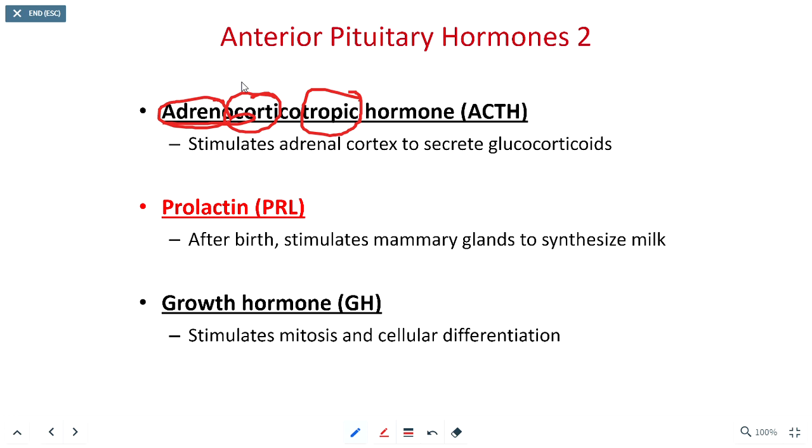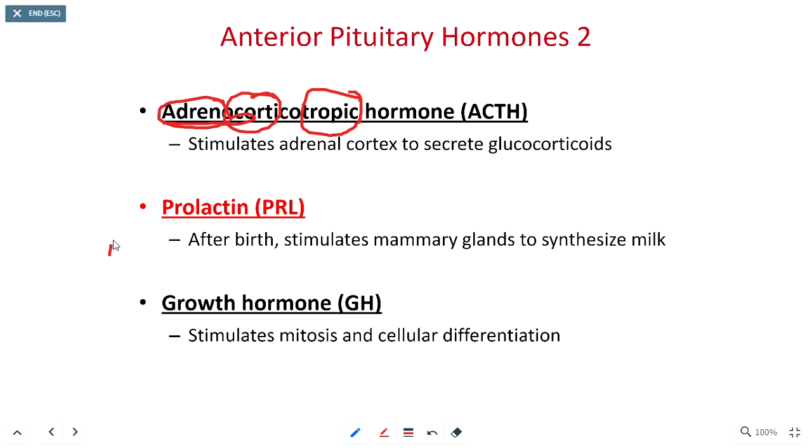Tropic hormones are going to cause other glands to release hormones. So the tropins are chemical messengers that cause their target tissues to release hormones. So ACTH is going to travel to the cortex of the adrenal glands and cause the cortex of the adrenal glands to release more hormones.